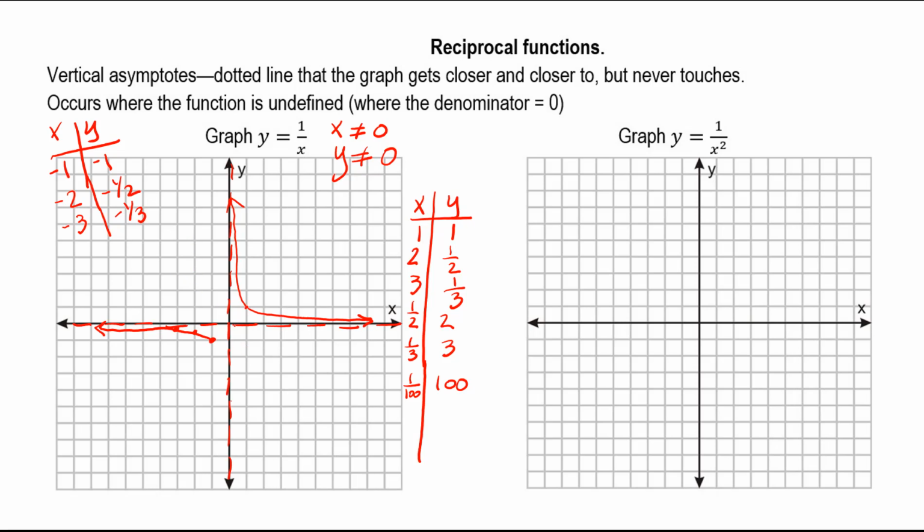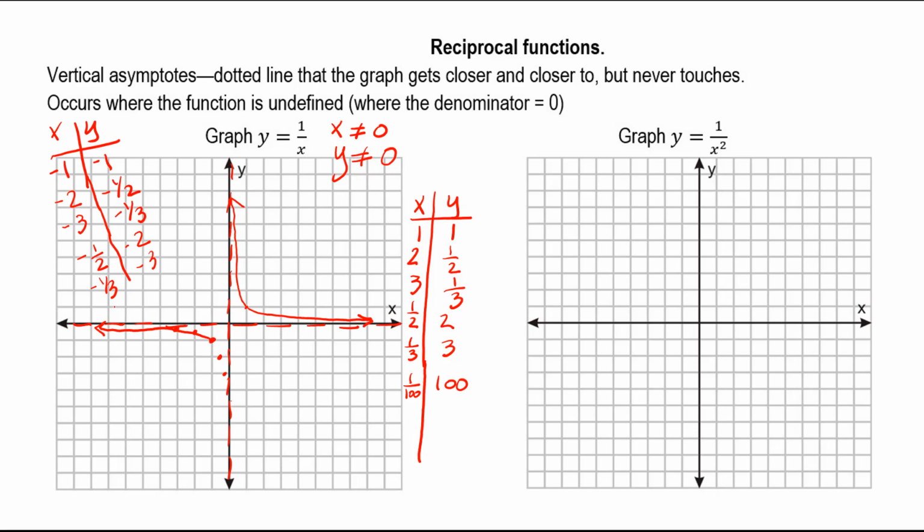Then, if we talk about the numbers between 0 and negative 1, the same thing is going to happen that happened up in the first quadrant. When you have something like negative 1/2 for x, you're going to get negative 2 for y. And when you have negative 1/3 for x, you're going to have negative 3 for y. So you're getting closer and closer to that y-axis.